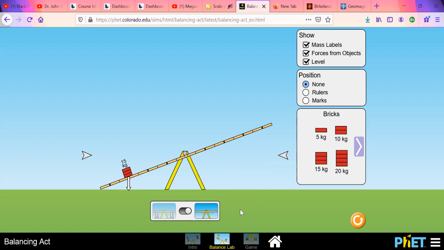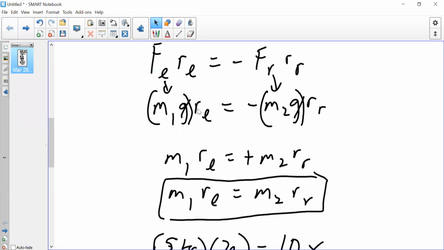And so that just gives a little bit more relevance to this equation, because this is essentially what it should be in reality. So this is going to be a counterclockwise torque on the left-hand side, and a clockwise torque on the right-hand side.